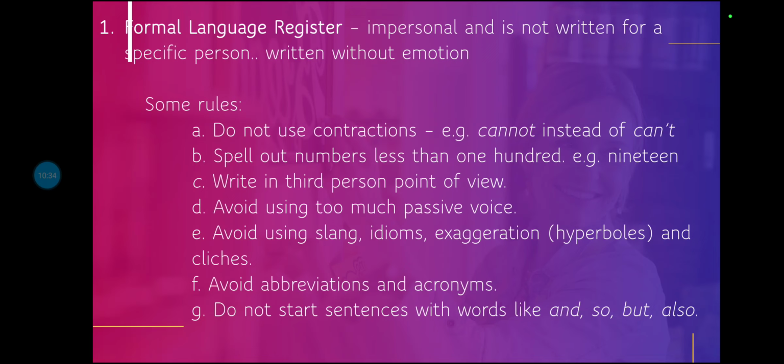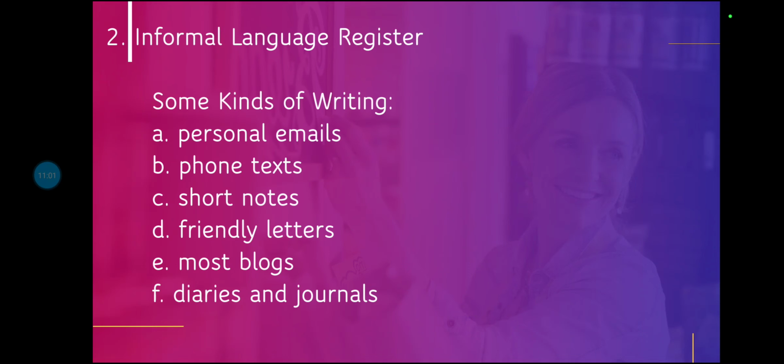Okay, but if you can't really resist and you really need to do that, you could make use of more formal words as counterparts for these words. So we have nevertheless for but, additionally for and, and as a result of for so, things like that. And then of course always write in complete sentences.